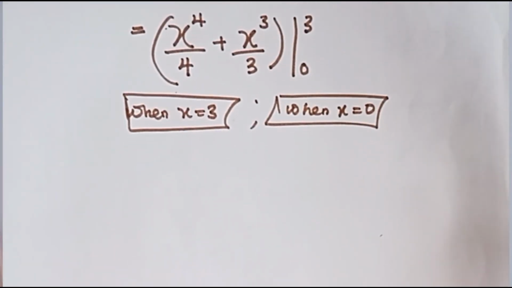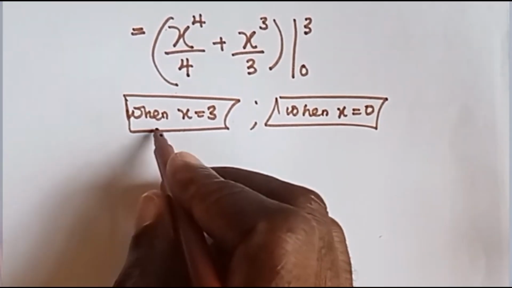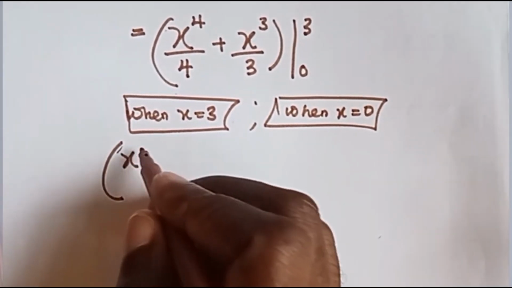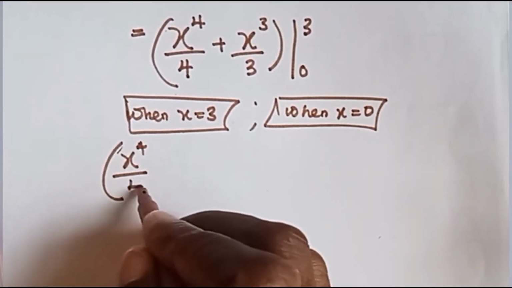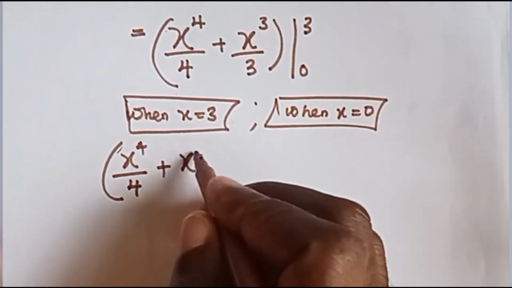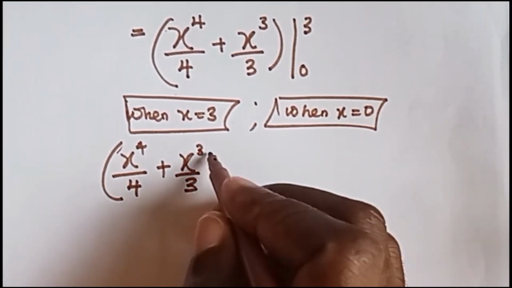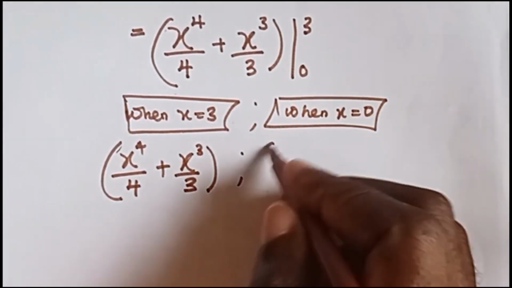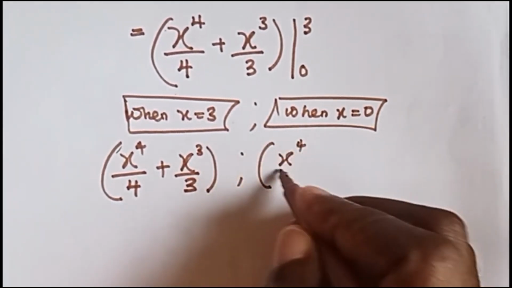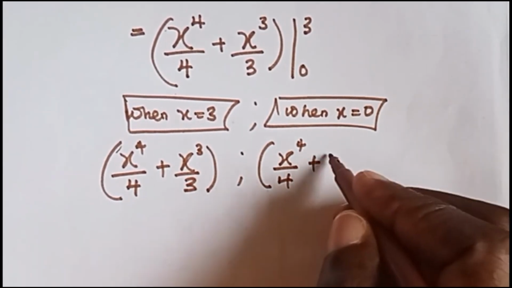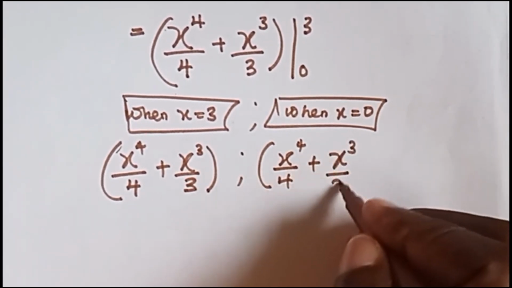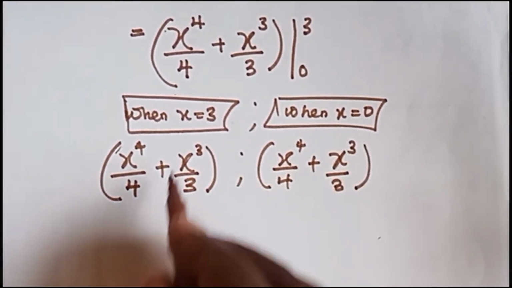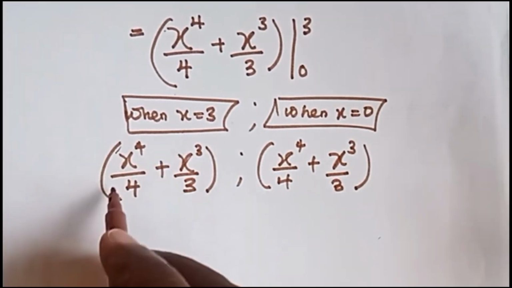Now we're going to write x^4 over 4 plus x^3 over 3 for when x equals 3, and the same expression for x equals 0. You substitute for x.